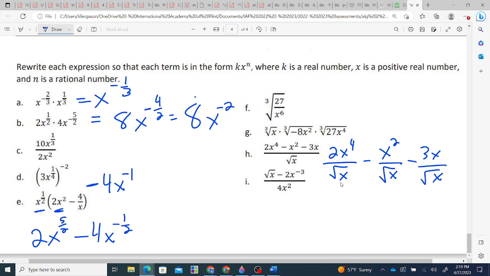The root is the denominator. The power that you take it to is the numerator. Well, you don't have to call it negative 1/2. You can just say 2x to the 4th over x to the 1/2. Because it's in the denominator, it's not negative. It'll be negative if I move the denominator up to the numerator, which I could do, but I can just as easily do it like this.